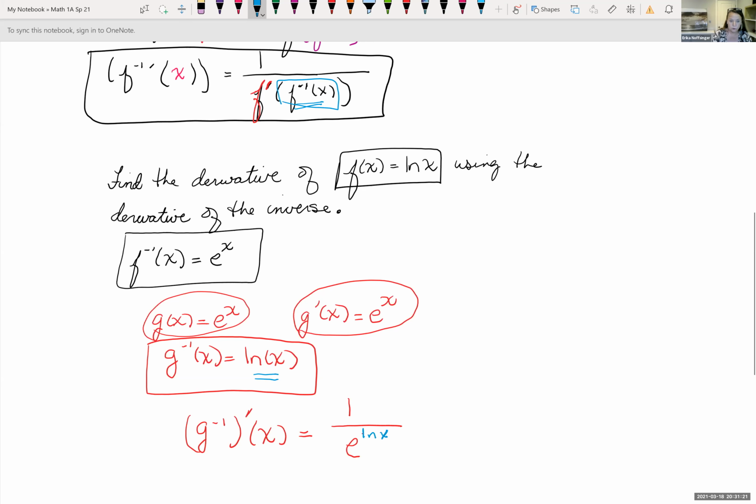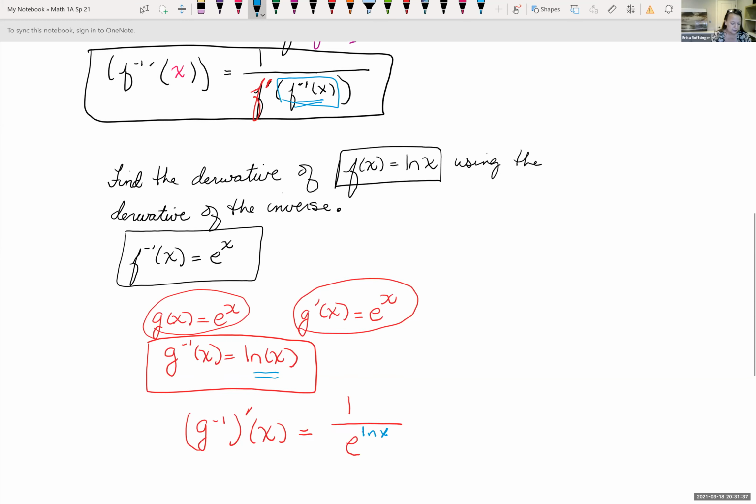And so remember rules of logs. e raised to the natural log of x is just x, or some base a greater than 0, raised to log base a of x is just x.